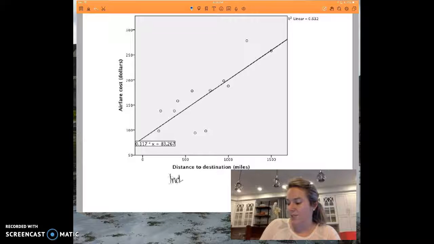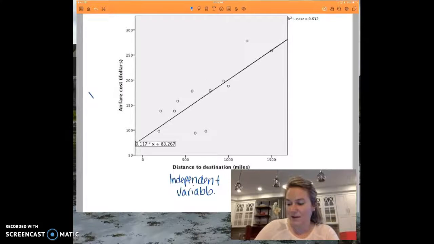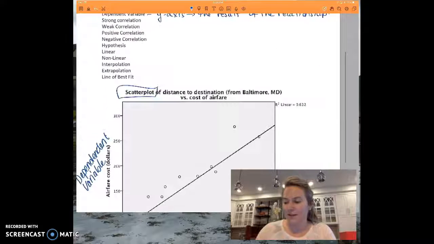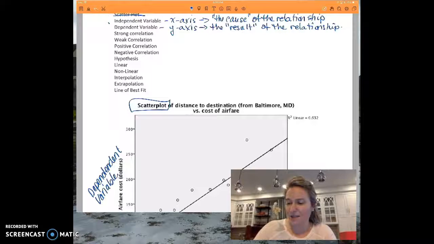So this one is the independent variable, and this is the dependent variable, right there. Notice again on the x and the y, just like we said. So we've got independent and dependent.